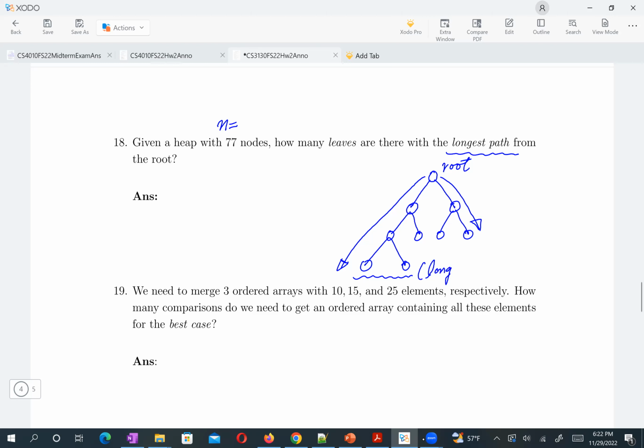These two are the longest path, but not these. The paths to these leaves are not the longest.